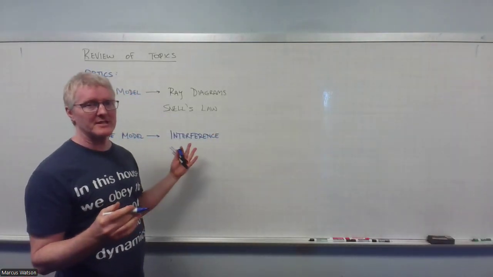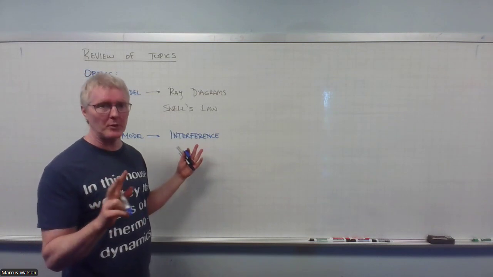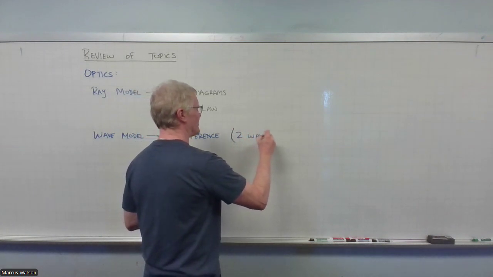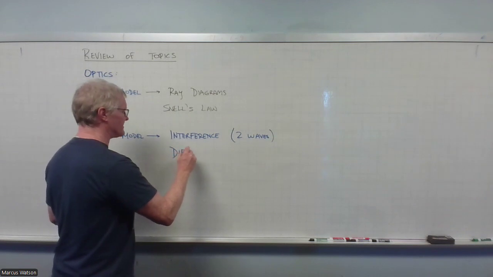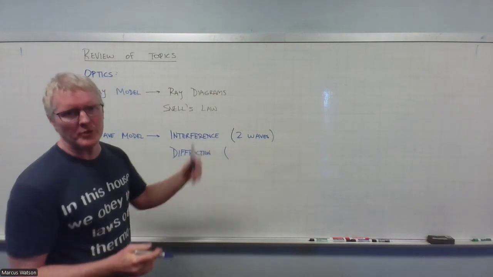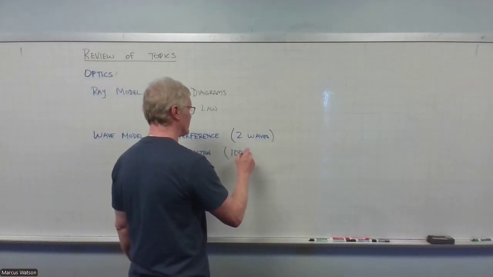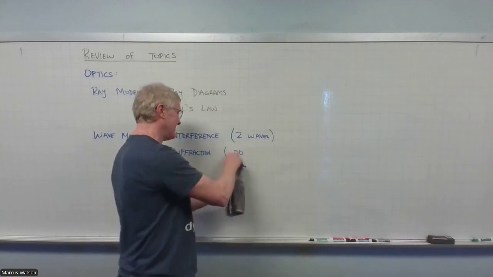Now, interference is the superposition of two light waves, whereas diffraction is the superposition of thousands of light waves. Well, just more than two, right? Could be hundreds. Let's say between 3 and 1 million, right?